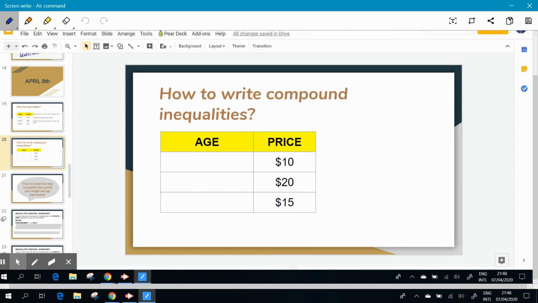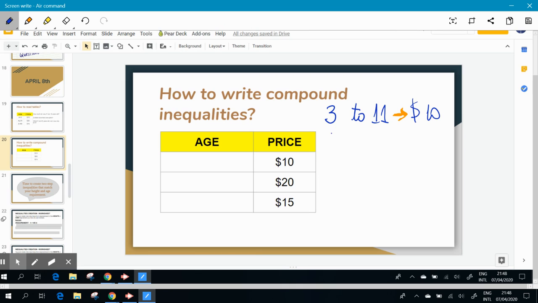Well, let's say that I want people who are from 3 years old to, let's say, 11 years old. Okay, people from 3 to 11, they're going to pay 10. Okay? So that's my range here. From 3 to 11, they're going to pay 10.